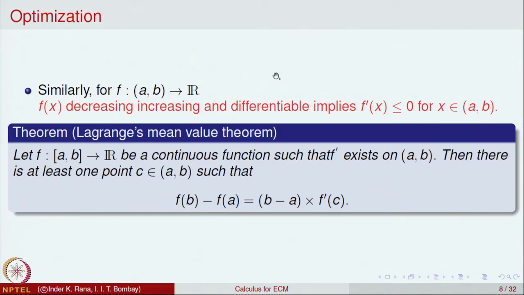Right. So, we have got two important things, namely if a function is increasing in an open interval and differentiable, then the derivative is bigger than or equal to 0.